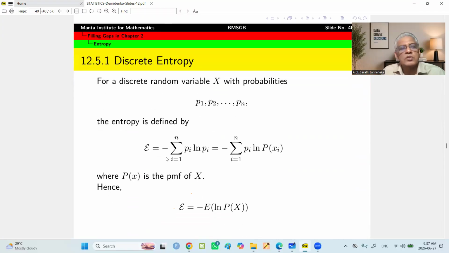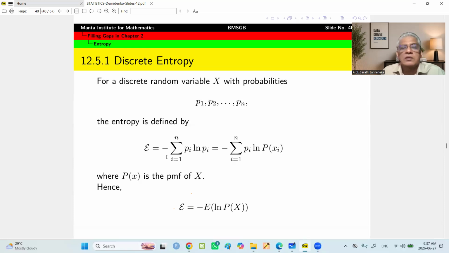Right. So for a discrete random variable x, suppose you are observing, in each of the previous cases we were observing some random variable. Each had some probability distribution. So if the random variable x is discrete with some, say, finite number of categories, finite number of possibilities, each category has probability p1, p2, up to pn, right?